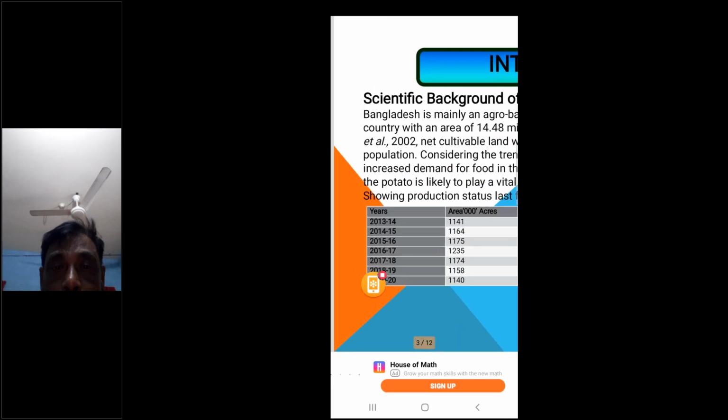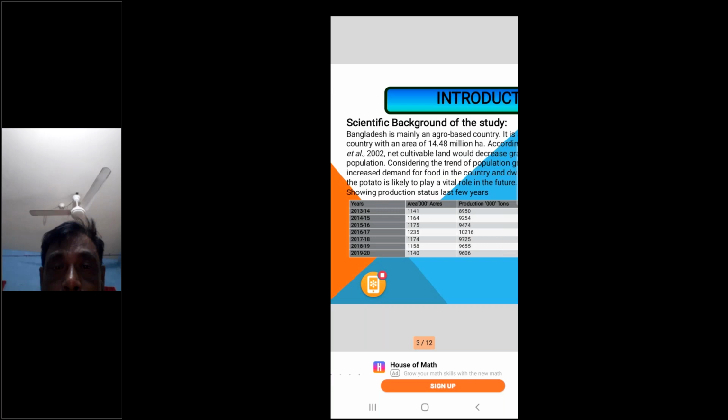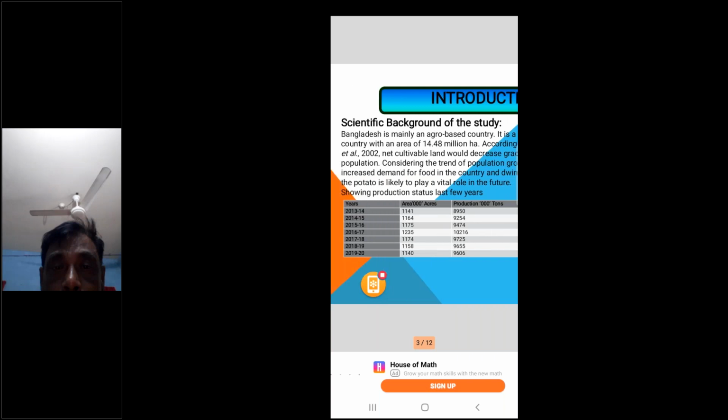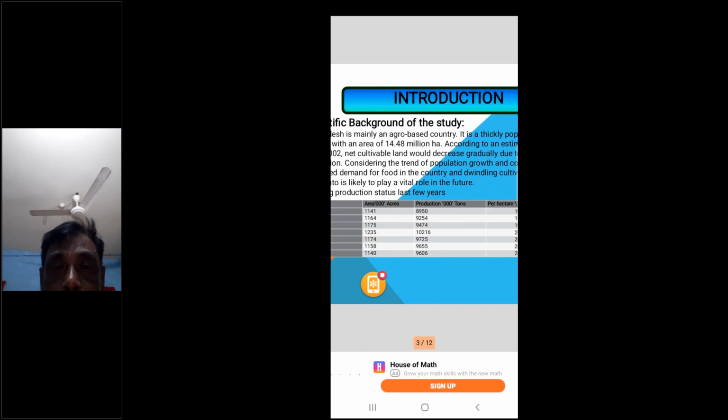Here is the table with the data of potato production, the land area, and production per hectare in tons. In 2013 to 14, the total area of production was 11 lakh 41,000 acres, and the production was 89 lakh 50,000 tons.